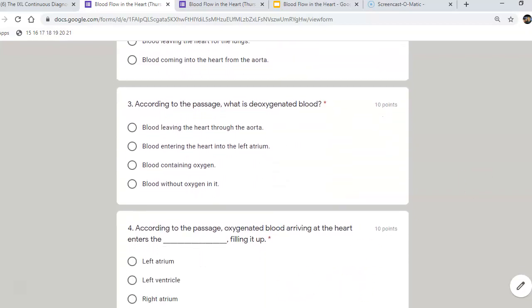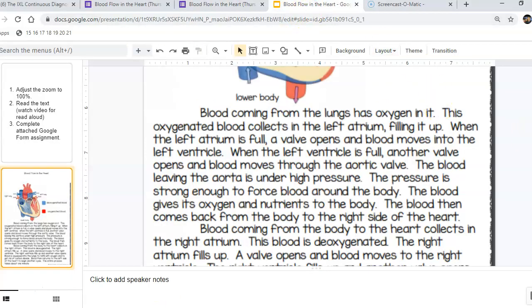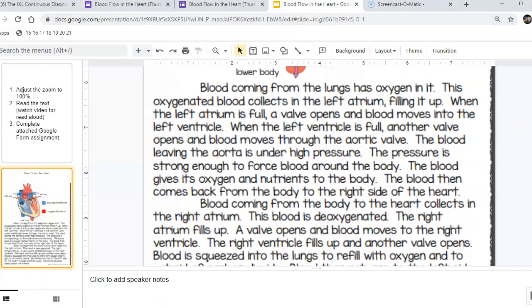Number three, according to the passage, what is deoxygenated blood? Okay. Well, it mentions this blood is deoxygenated here. We talked about what the prefix de means. It would be the opposite of oxygenated blood.